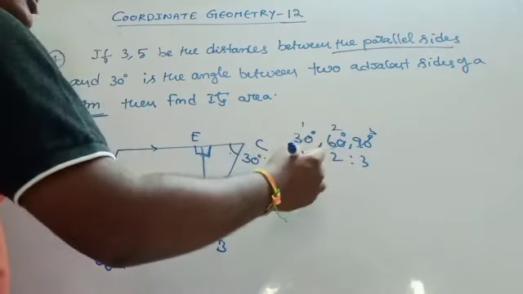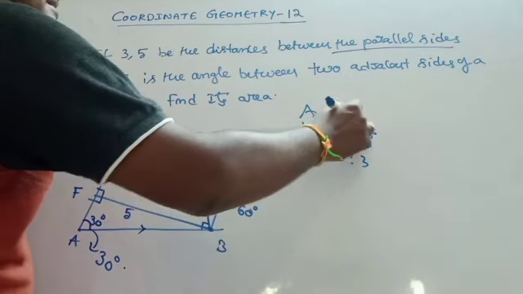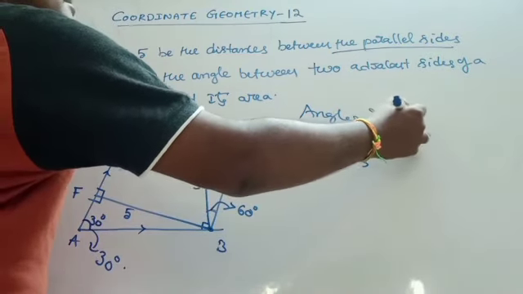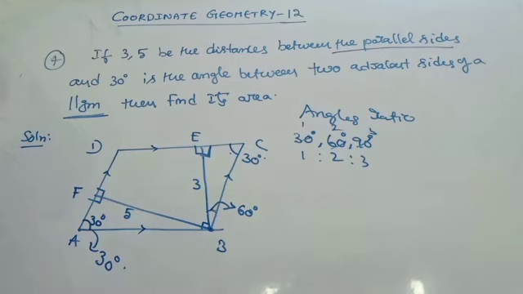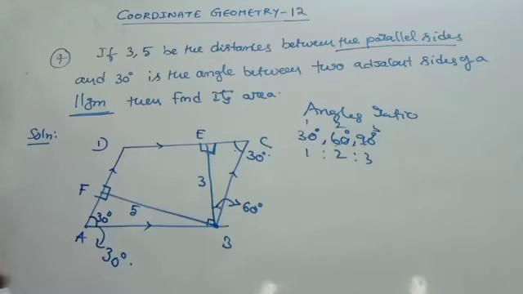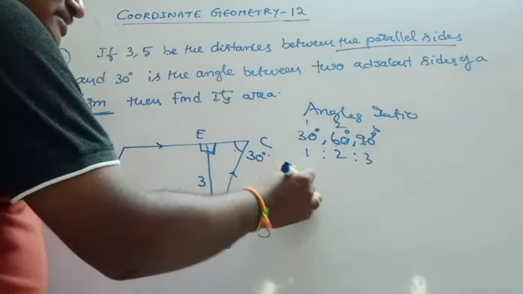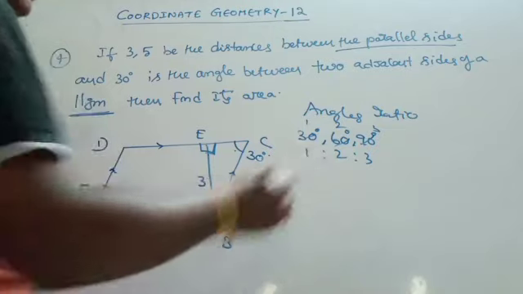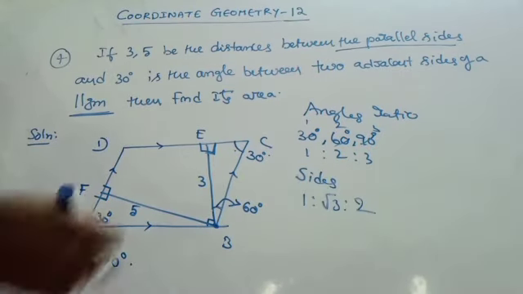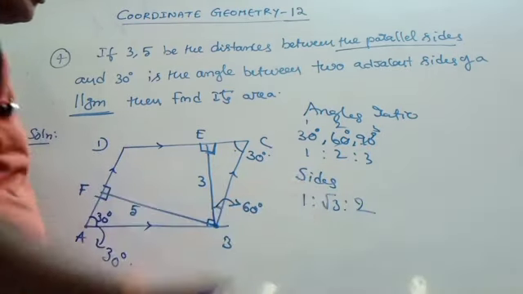These are the angles ratio. When angles are in the ratio 1:2:3, the sides are in the ratio, you see, 1:√3:2.